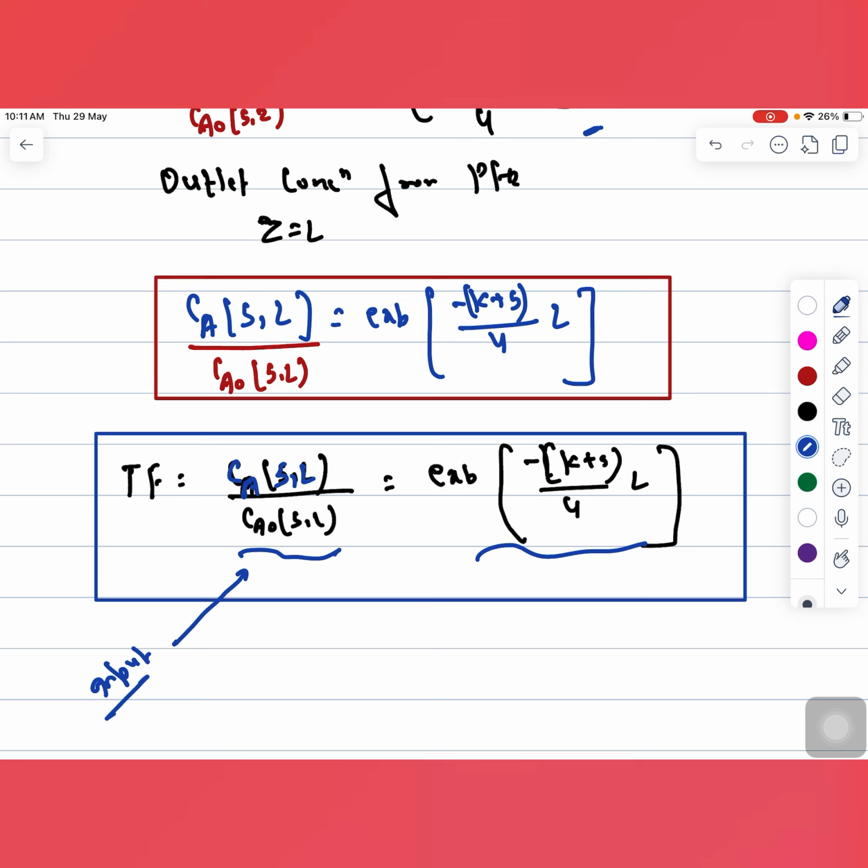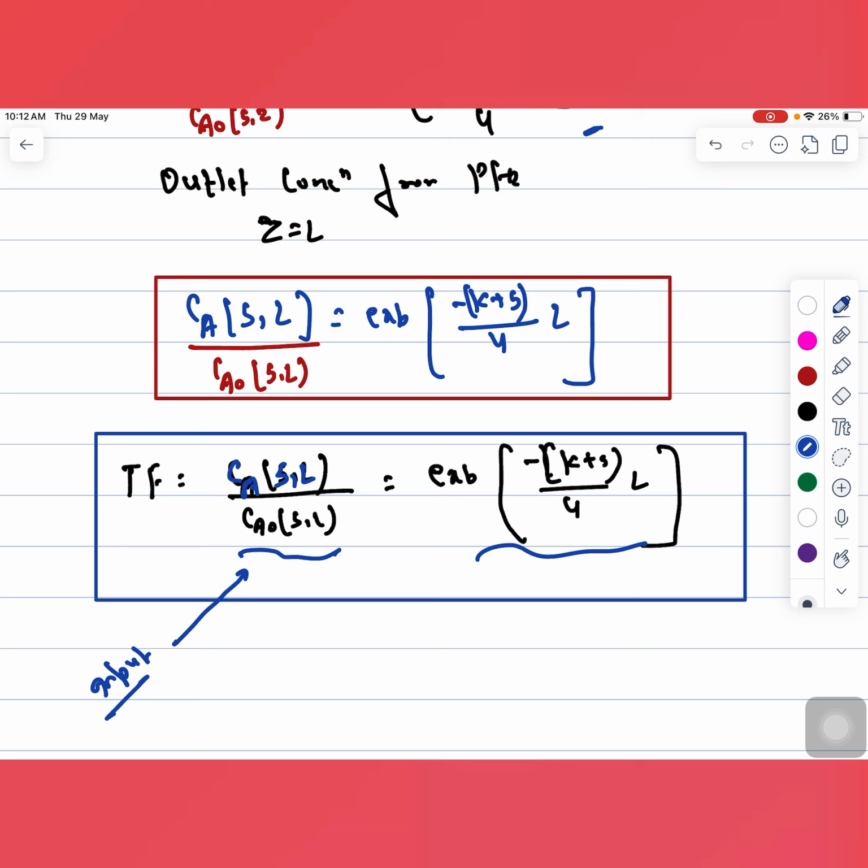And once you take the Laplace inverse, you will get the concentration profile in terms of time, and that will tell you the dynamics of the plug flow reactor at any particular location or time. So with respect to both space and time, the concentration is varying, right?